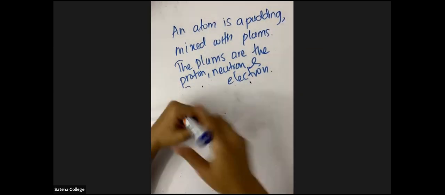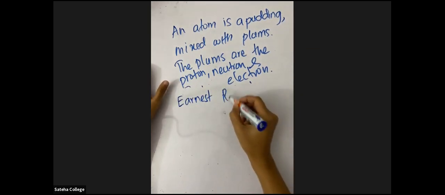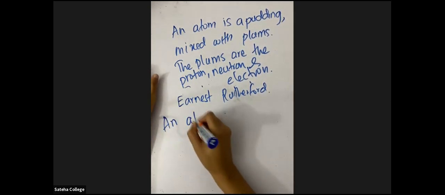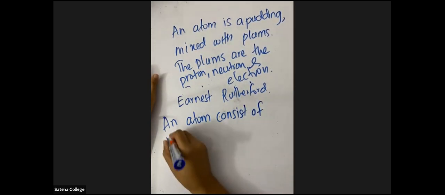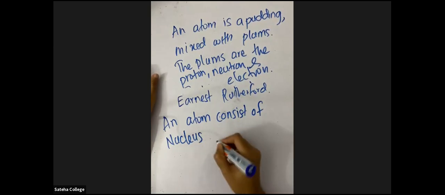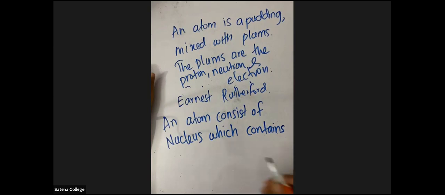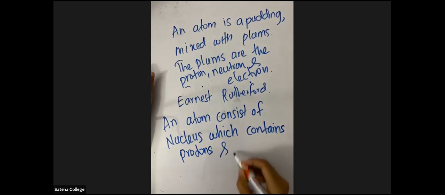Who was the scientist who introduced the planetary model? Write it down. Ernest Rutherford. So what did Ernest Rutherford say? He said, an atom consists of a nucleus, which contains proton and neutron.